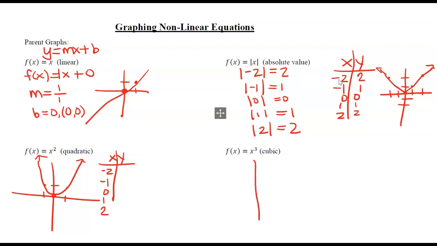So quadratic, and then similarly with cubic, we'll have something like that, okay? But I'll leave it to you to plug in those points and see. But it's important. These are parent graphs that I would recommend knowing. You might even want to print them on cards just to remember what the basic function looks like when it's graphed.